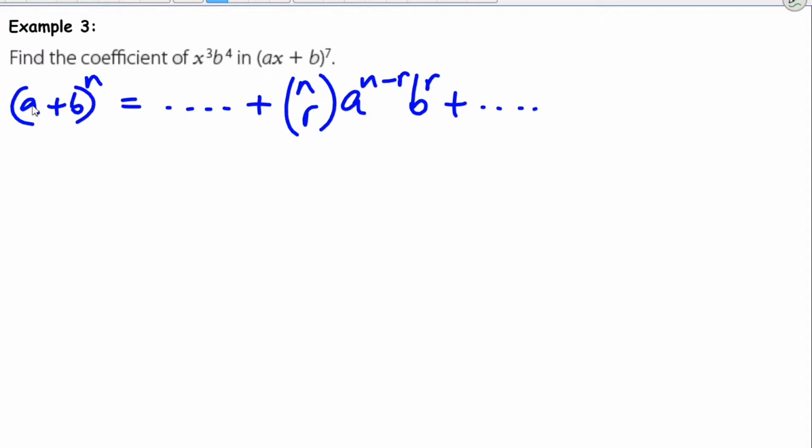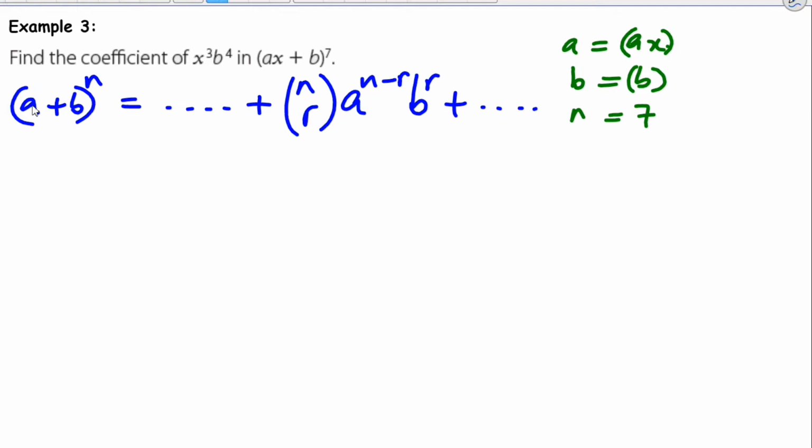Now, we need to identify what n, a, and b are, and finally what r is. So from the question, we can see that our a will be equal to ax, our b is just b, and n is 7. So that will help us to get the general term.